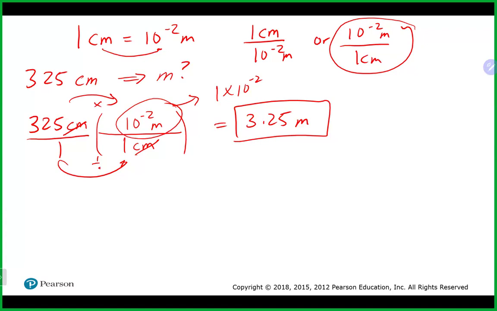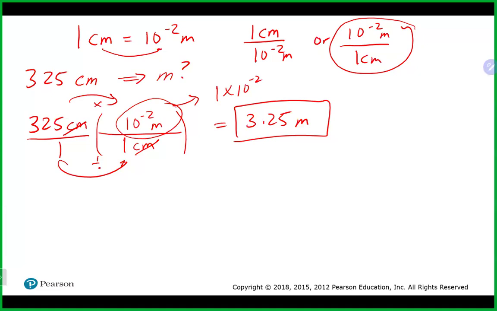If you remember, exact numbers come from either definitions, like 1 centimeter is 10 to the minus 2 meters, or from something that you counted, like 5 apples on the desk. When you're doing a calculation that involves an exact number, which will always be an exact definition when it is a metric to metric conversion, which is what that one is, or if it's an English to English conversion, like 12 inches is 1 foot, they will always be exact numbers.